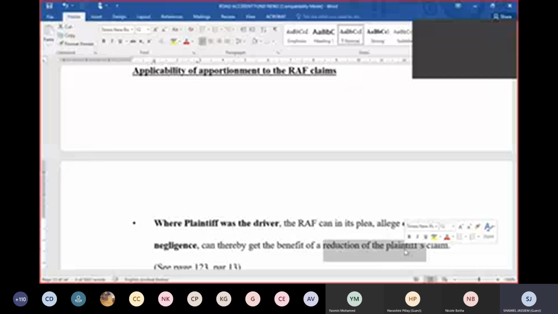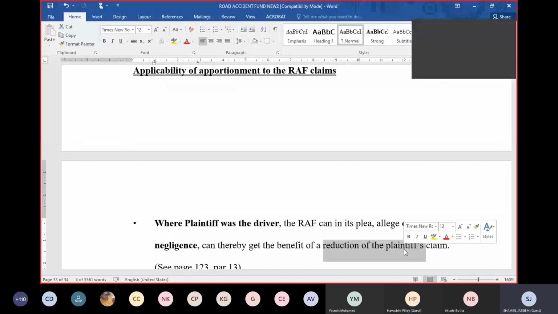So it's myself, my passenger, and the passenger's minor child. The passenger is seated next to me on the front seat, and her minor child is sitting on her lap. So I hope you're getting the picture. I'm the driver, my passenger is seated next to me, and my passenger's minor child is seated on her lap.